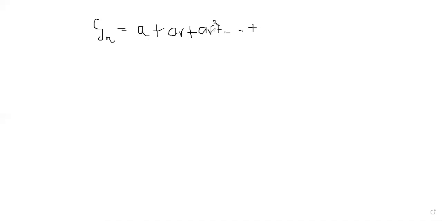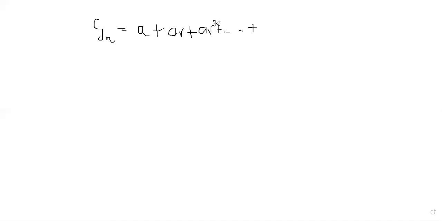Then we reverse this, as we did in the previous example when we were proving the arithmetic series. Since this one is ar squared, when we reverse it we use ar to the power of n minus 1.